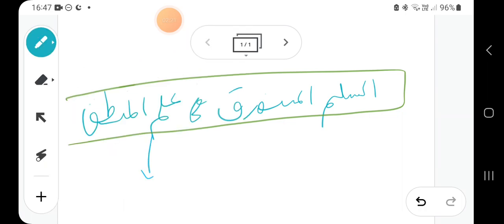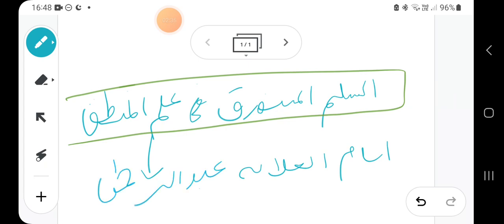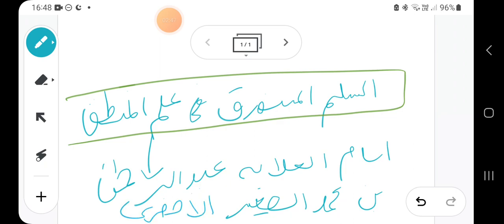And it was authored by one of the Maliki scholars, Imam Allama Abdurrahman bin Muhammad al-Saghir al-Akhdari al-Jazairi. It's from Al-Jazair. Oh, it's not the modern Al-Jazair, but from those areas.